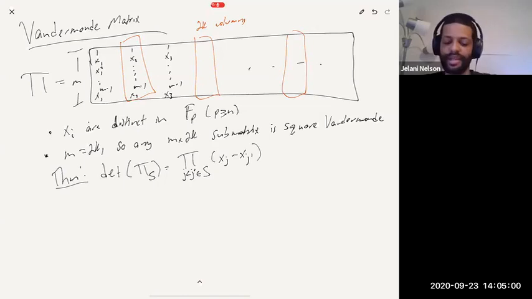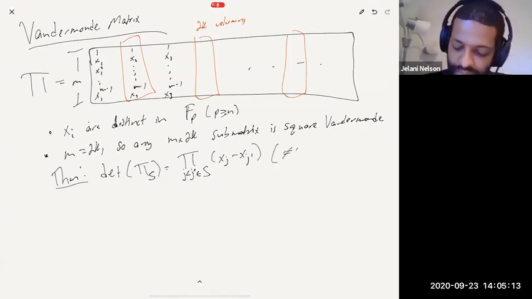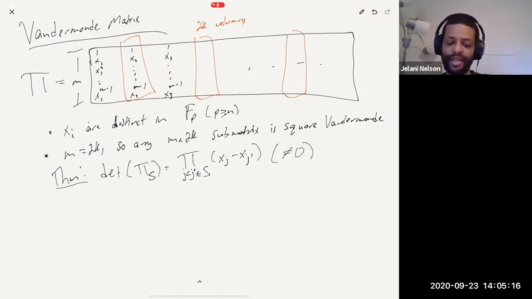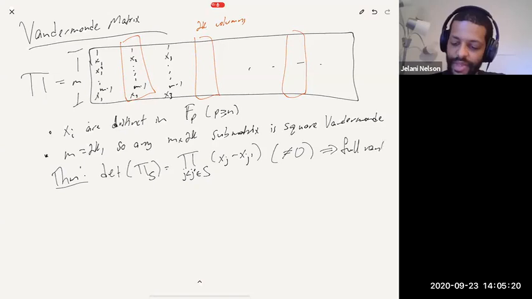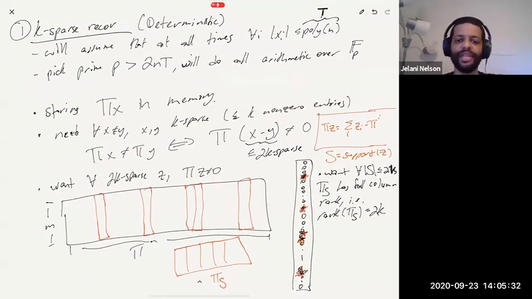And the point is, since these are all distinct, xj minus xj prime is always non-zero. You're multiplying together a bunch of numbers that are not zero, so the product is non-zero. That implies by linear algebra that it's full rank, so it doesn't have any non-zero vectors in its kernel. So we've constructed a matrix that has the desired property.